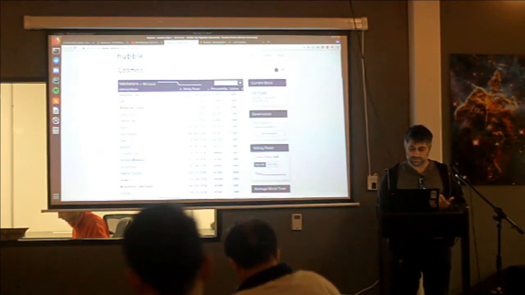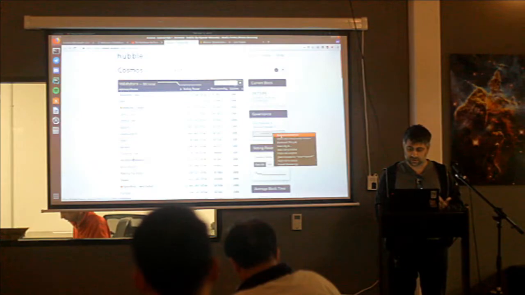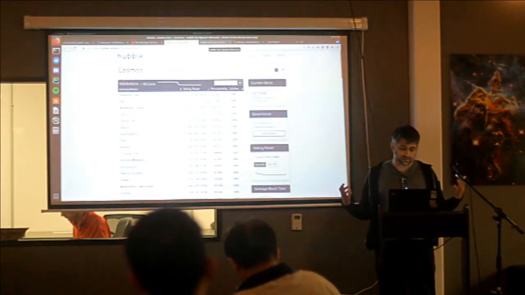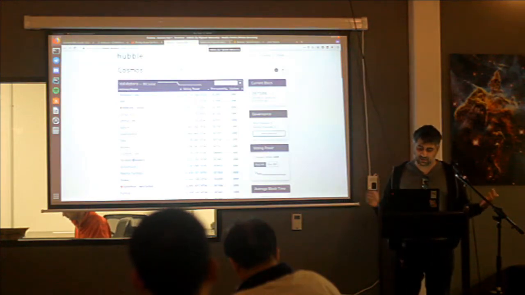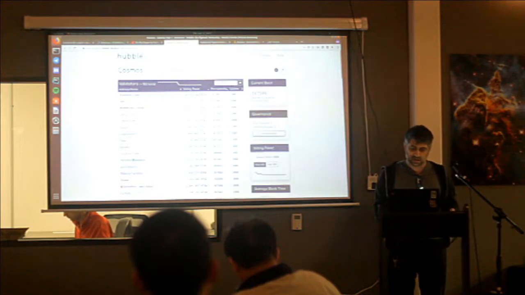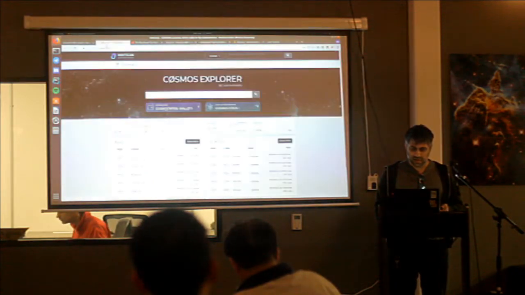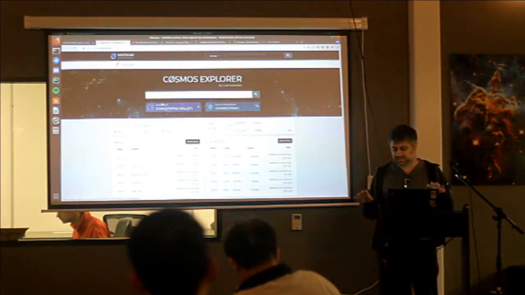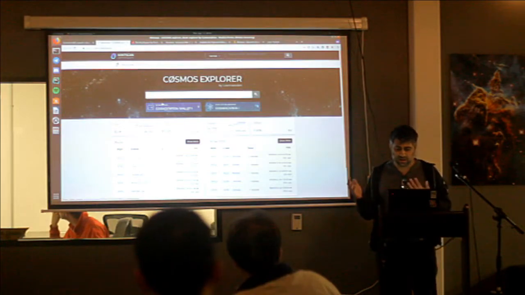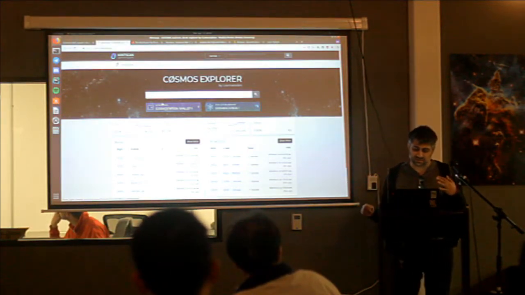Things that are noteworthy about the state of the network right now: we're running Tendermint with 90-something validators. This is all dynamically assigned. There are about 6 block explorers for Cosmos right now, and everyone shows different things.